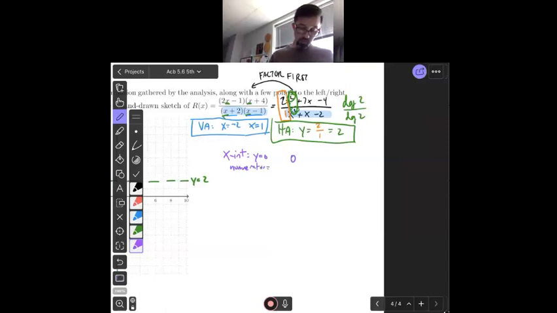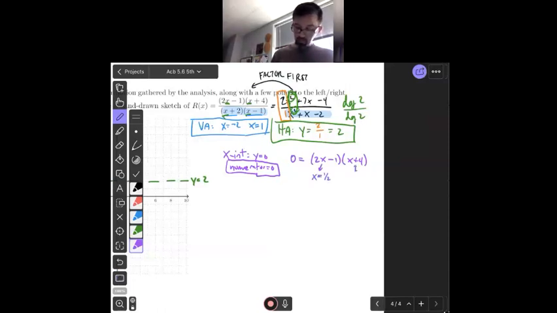Take advantage of that this time. So 0 equals, and since they factored it for us, I'm going to take the factored form. Set that equal to 0, add the 1 over, divide by 2, x would equal 1/2.